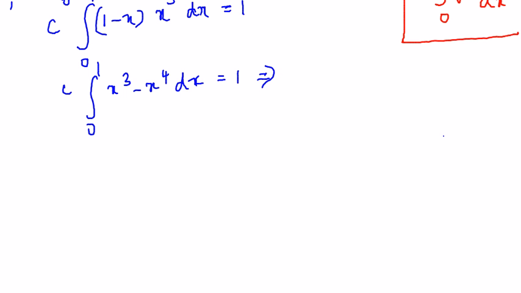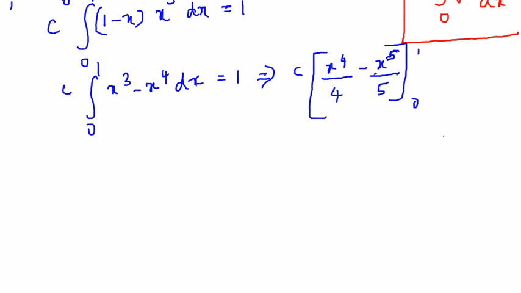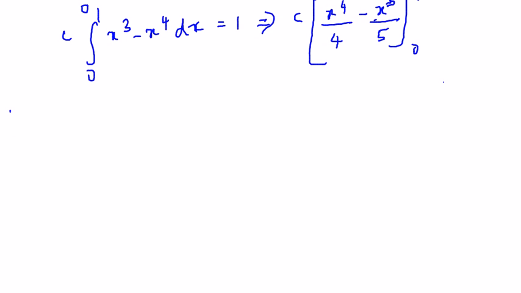Can you integrate it along with me? It will be x power 4 by 4 minus x power 5 by 5. Now you apply the limit 0 and 1, upper limit minus lower limit. So it would be c into 1 by, oh, don't forget to put that equal to 1 here.